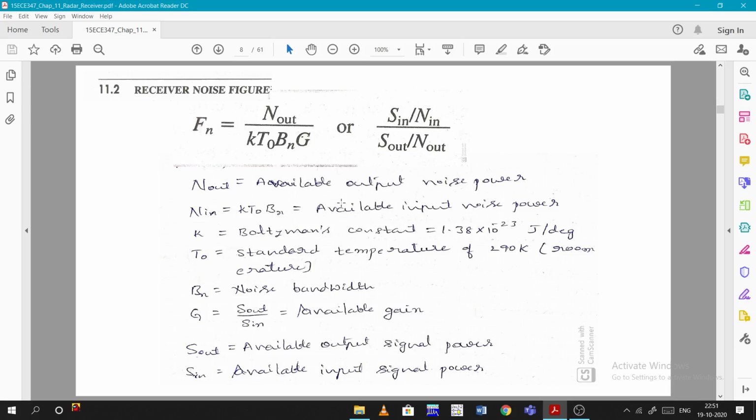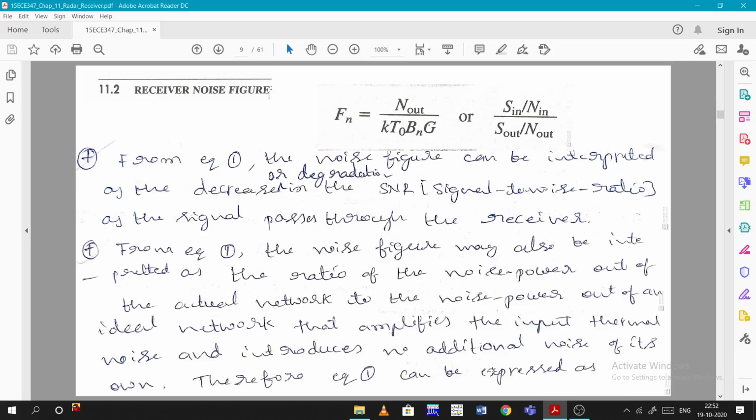N_out is the available output noise power, N_in is kT0Bn, where k is the Boltzmann constant, T0 is the standard room temperature, 290 Kelvin, and Bn is the noise bandwidth. G is the available gain, or S_out by S_in, where S_out is the available output signal power and S_in is the available input signal power. Now coming to this equation, the noise figure can be interpreted as the degradation of the SNR as the signal passes through the receiver.